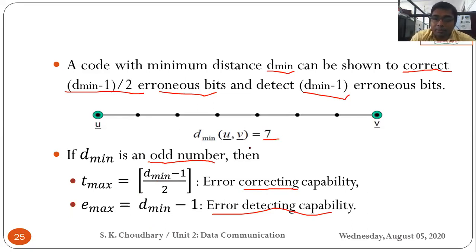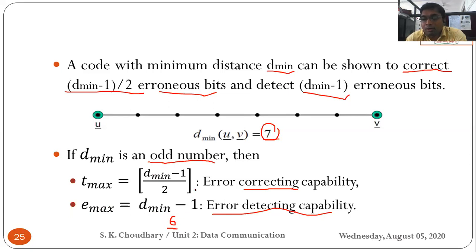So here D minimum is 7. The minimum Hamming distance is 7, so we have to see how many errors could be detected by it. Detection capability is 7 minus 1, which means using the concept of minimum Hamming distance, you can detect up to 6-bit errors.